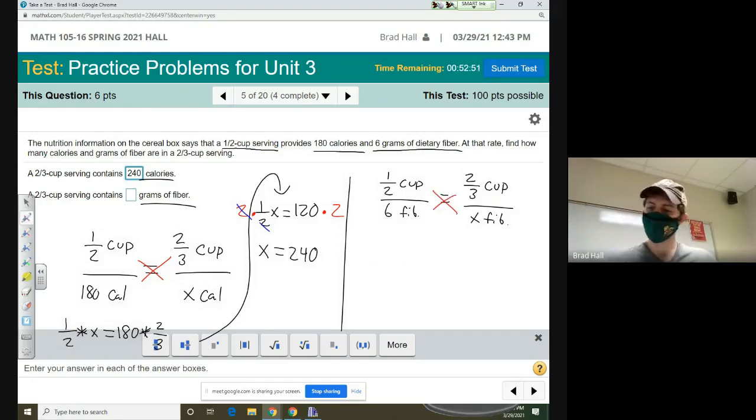Cross multiply. 1/2 x is equal to 6 times 2/3, which is 4. So 4 is 6 times 2/3 after we cross multiply. Then we clear the denominator. We get that x is 8.